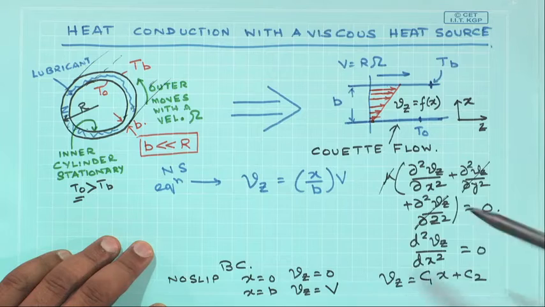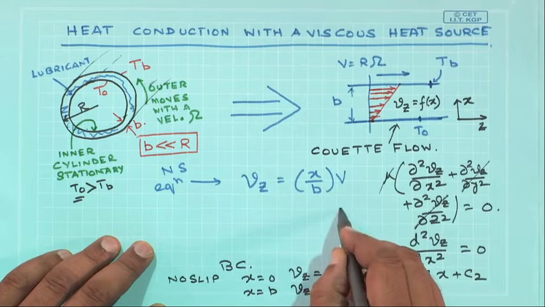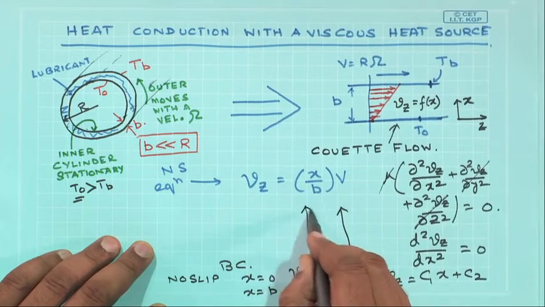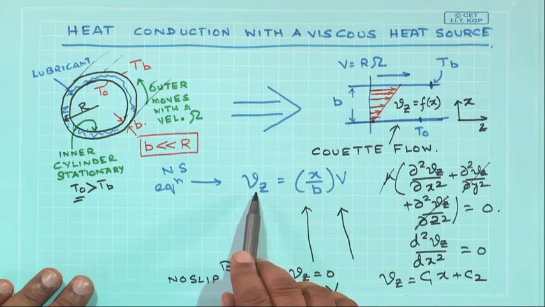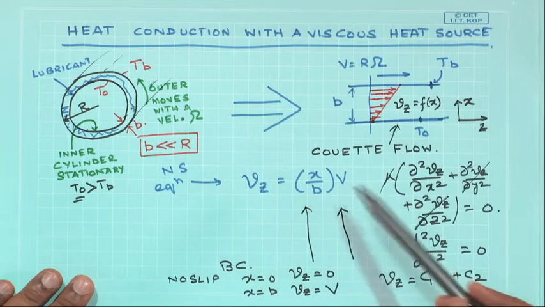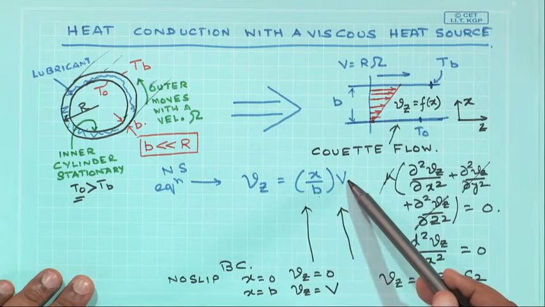It is a linear distribution, and this would give rise to the linear form of the variation of the non-zero component of velocity, which is Vz as x by b times V.